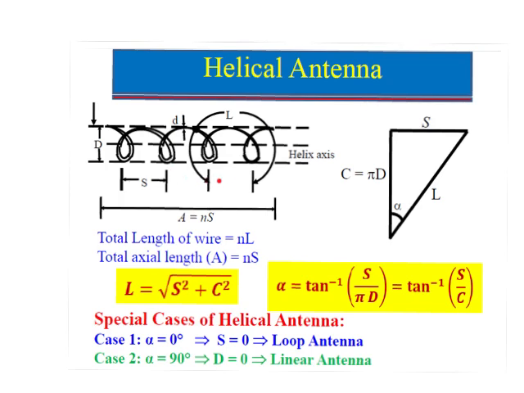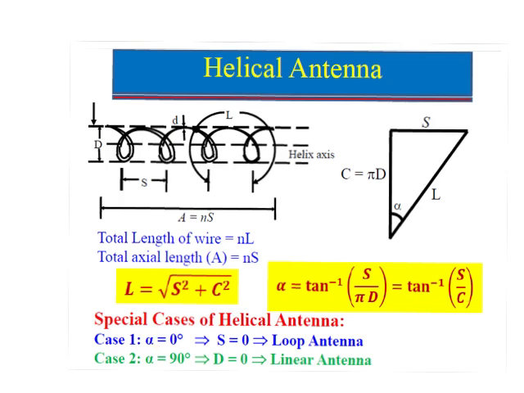Corresponding to its dimensions, we can represent the diameter as D, the spacing as S, one complete loop as L, the diameter of the wire as d, and A as the axial length given by N into S. It can be represented as a triangle, in which capital L is the hypotenuse and the remaining sides are S and C. L is given by square root of S square plus C square, and the angle between the hypotenuse and the adjacent side is alpha, equal to tan inverse of S by pi d, that is tan inverse of S by C.